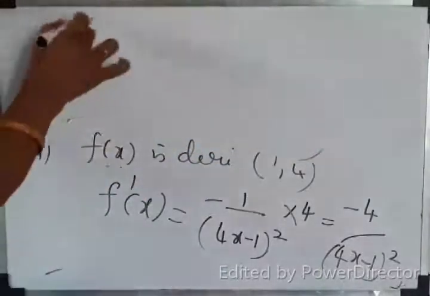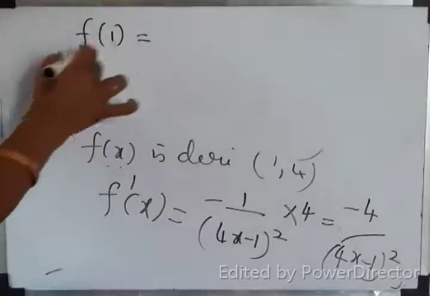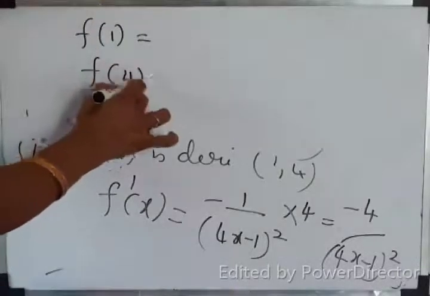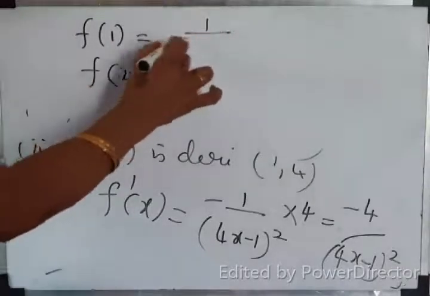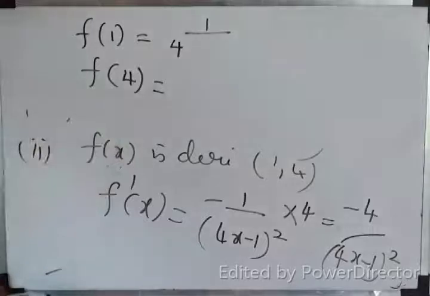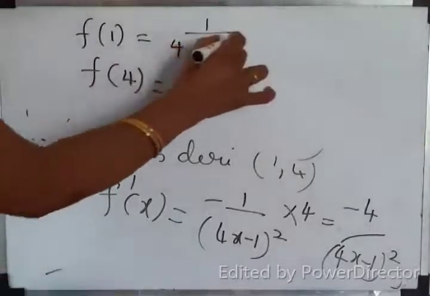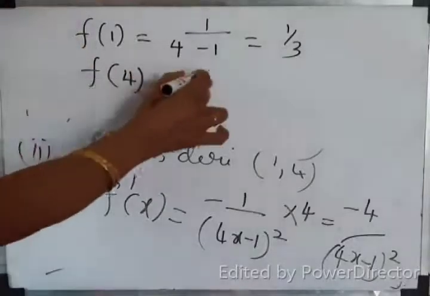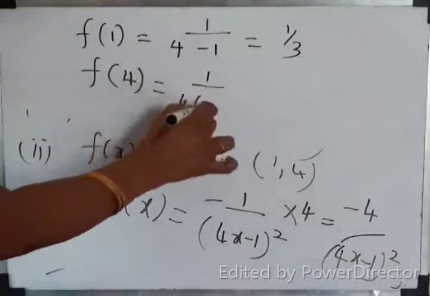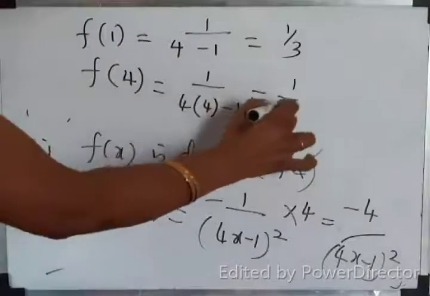Then what is my third one? F of a not equal to f of b. What is f of a? 1 by (4x minus 1), isn't it? So 4 minus 1, that is 1 by 3. Yes. What is f of 4? 1 by (4x minus 1), that is 1 by 15.